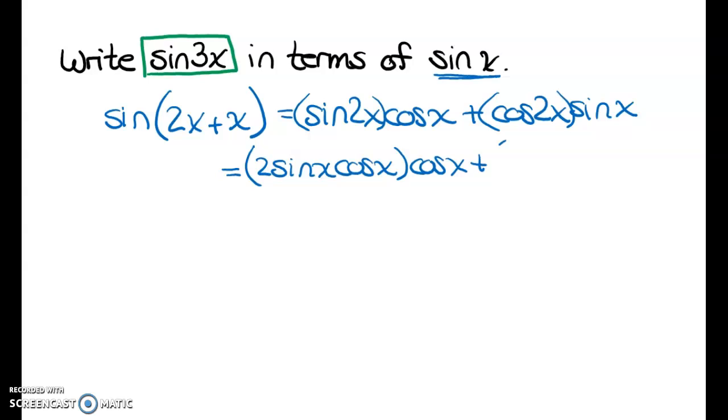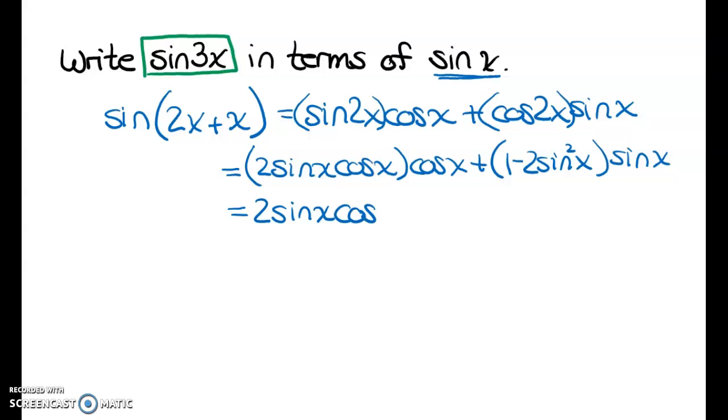So I think I'm going to pick the 1 minus 2 sine squared x because it just has a sine of x in it. So now when I actually multiply these two terms out, I get 2 sine x cosine squared x. And I need to distribute this. So I'm going to get sine of x minus 2 sine cubed of x.